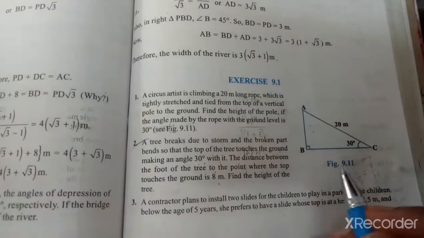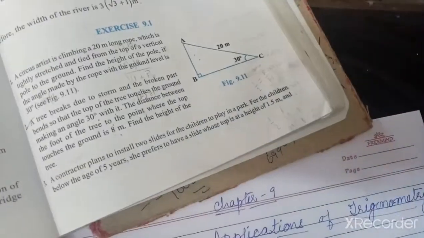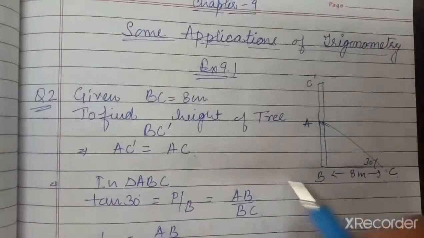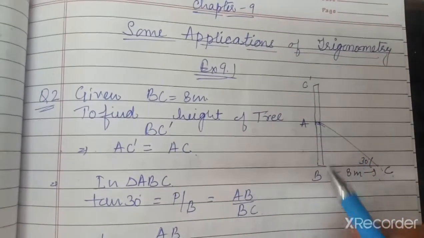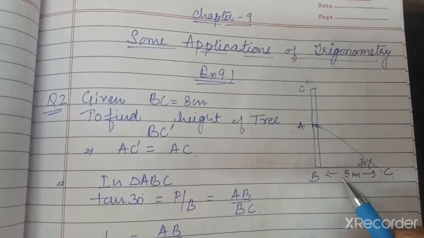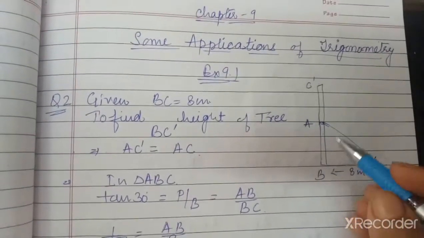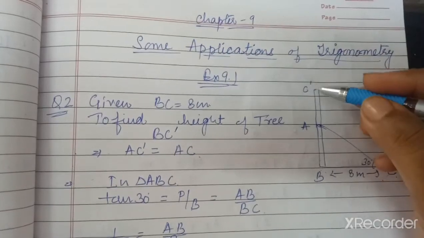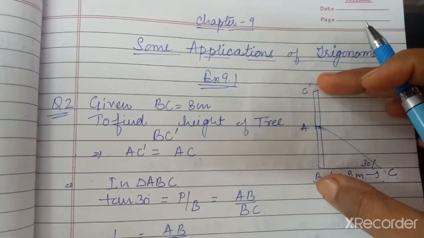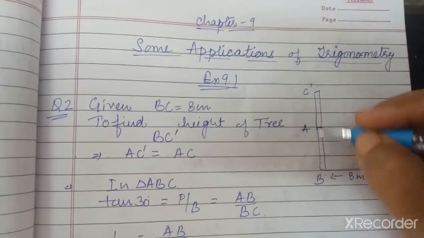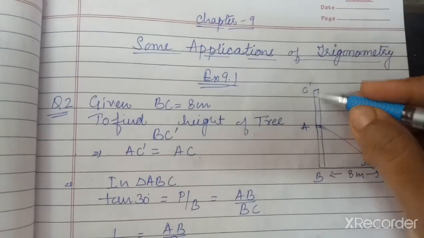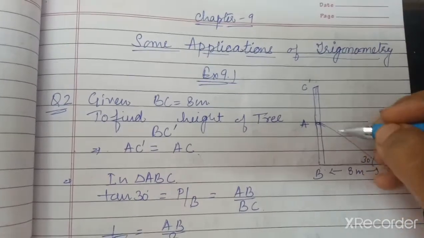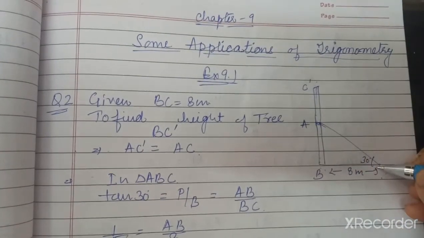Now this is the question, but before starting, first of all we have to draw a figure. So let me start with the figure. Now there is a triangle, and these two points, B and C dash, this is the height of the tree, the total tree. A tree breaks due to a storm, so this is the broken part, and this broken part bends and touches the ground.